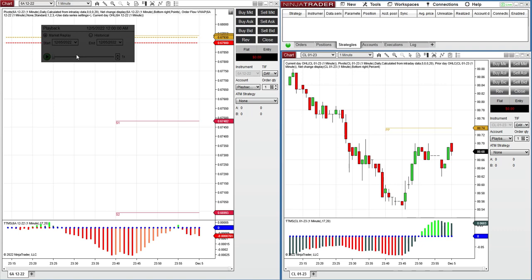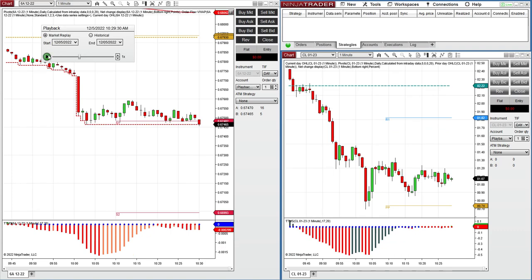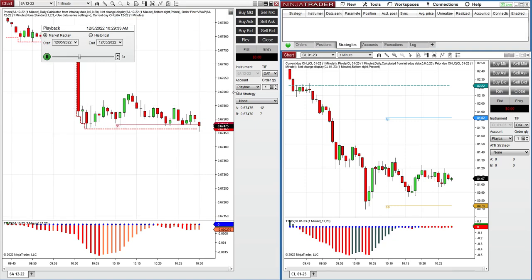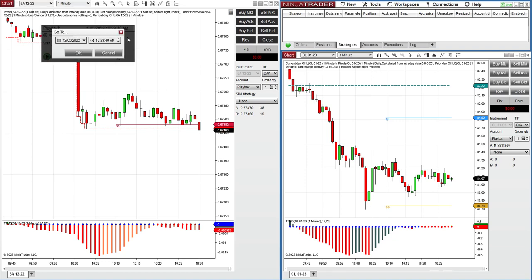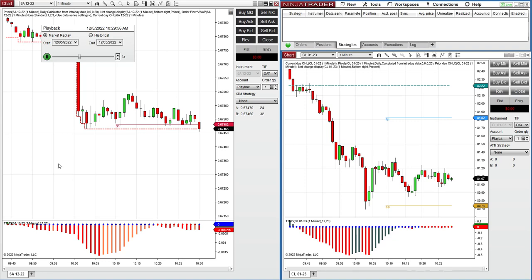Okay, this should do it. So watch over here. It's going to create a wick if it does it the way that I expect. Okay, let me speed it up a little bit. If it does it the way I'm expecting it to, you're going to see the price go up really fast, really fast.